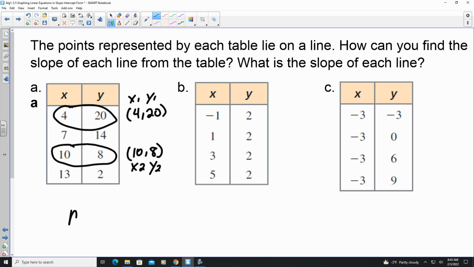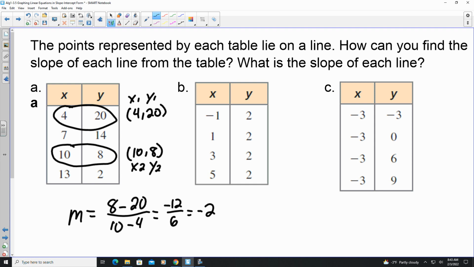So utilizing the formula, I get 8 minus 20 over 10 minus 4. So 8 minus 20 is negative 12. 10 minus 4 is 6. And this gets reduced to a negative 2.